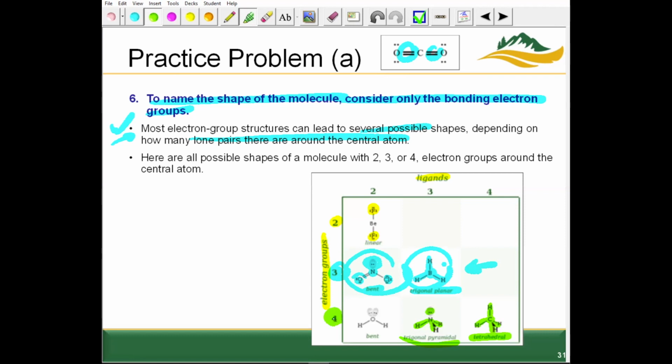Then still in the category of 4 electron groups, we have 1, 2, 3, 4 around the central oxygen here. 2 of these are bonds, and then 2 of these are lone pairs. This is what we call now bent geometry. We'll go more into this, and there's a nice table I'll show you in the next part of chapter 10, which will be the last part of chapter 10.